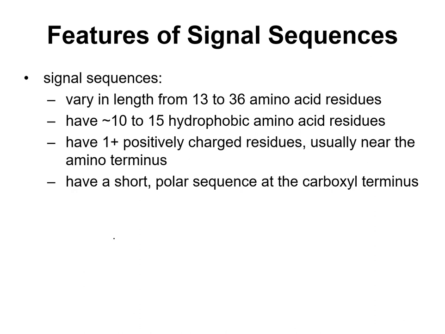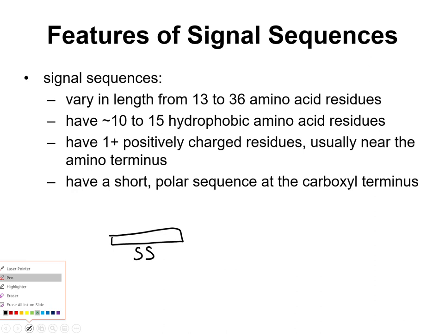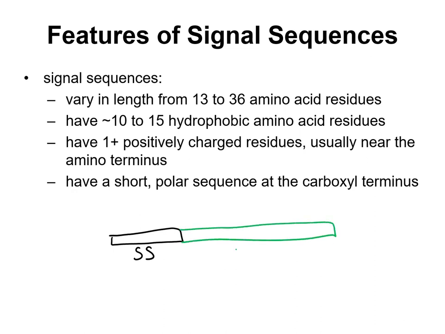So if you have your signal sequence, abbreviate that SS, and then you have the rest of your protein, you'll have some kind of positively charged residue. So you might have a few of those at the N terminus.